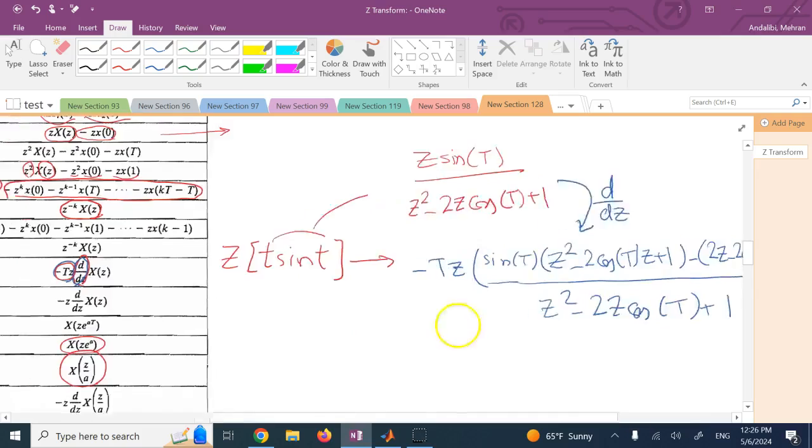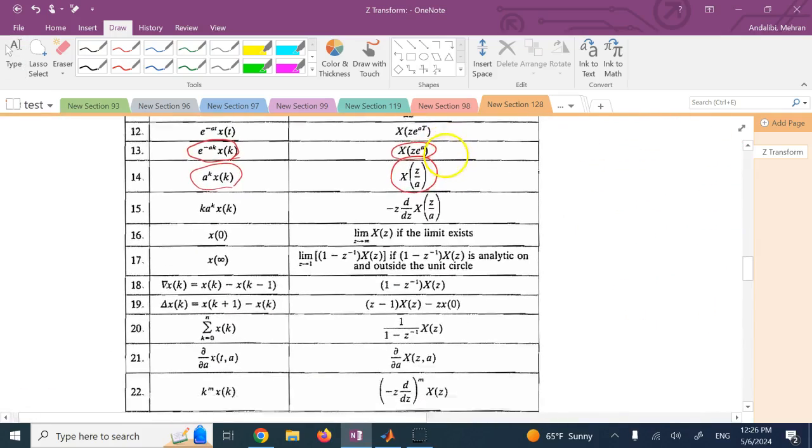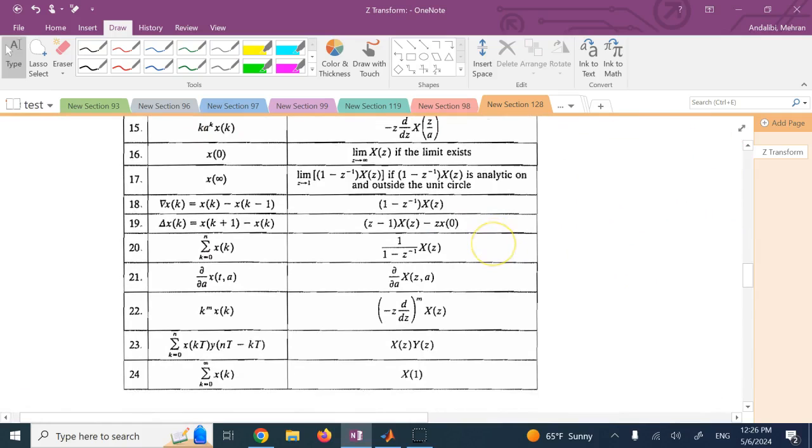Okay, let's go back and look at some other properties. One of them is the initial value theorem, and the other one is the final value theorem. So it says x, the signal at time 0, is the limit of X of z as z goes to infinity. And x at infinity, the steady state value of the signal, is equal to the limit as z goes to 1 of (1 minus z inverse) times X of z, if this limit does exist. So let's take a look at one.